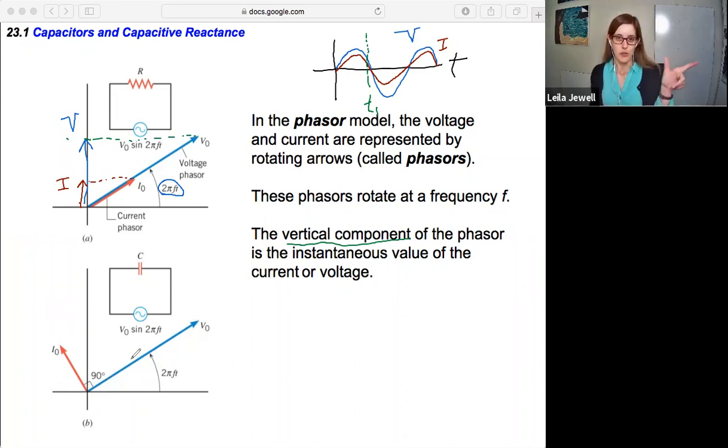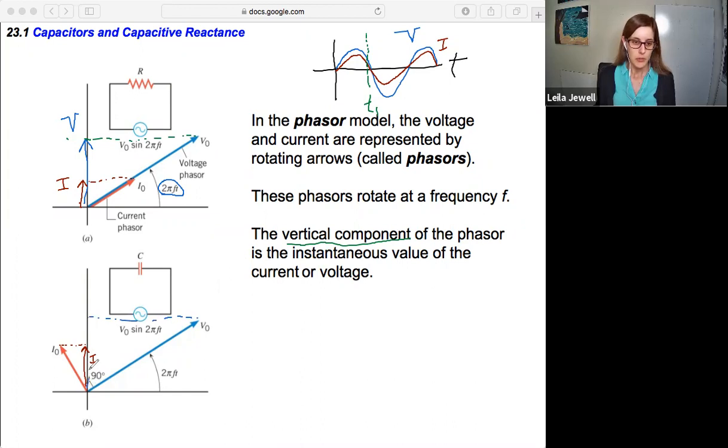So if we drew a current initially going up and voltage to the left, they would then just continue to rotate together, right? It's like the voltage is chasing the current, but the current keeps moving too, like a dog chasing its tail. But with these, we'd still look at the vertical component to get the instantaneous value of the current or of our voltage.